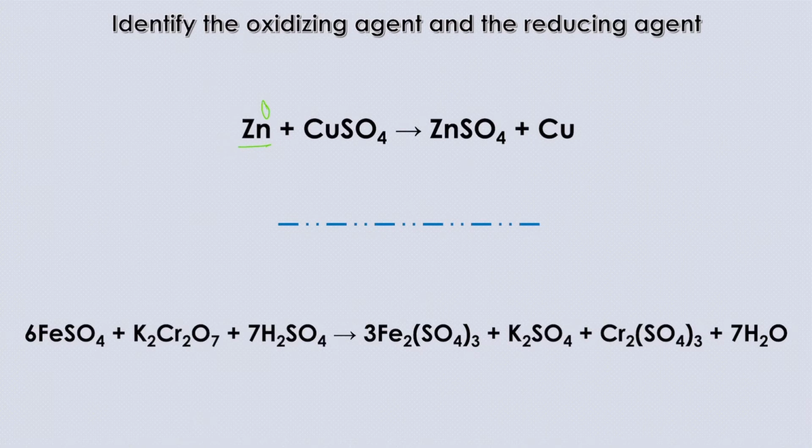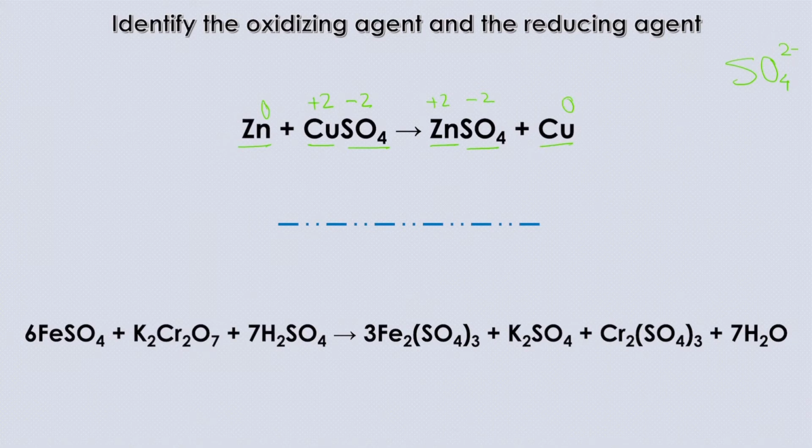We have here Cu and SO4. SO4 is a common group, sulfate, and it is always -2, so copper will be +2. In ZnSO4, SO4 is -2, so zinc is +2. Cu in its pure form is 0.